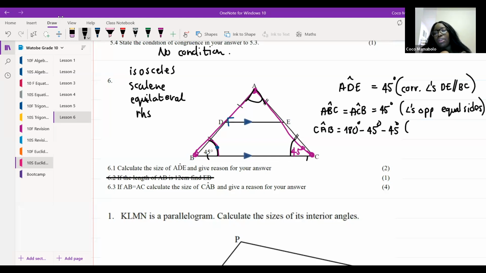What is my reason going to be, Samuel? Sum of interior angles of a triangle. Angle sum in triangle. Right. Therefore, angle CAB is equal to how much? 90 degrees. Beautifully done. Well done. That's exactly what I was looking for.